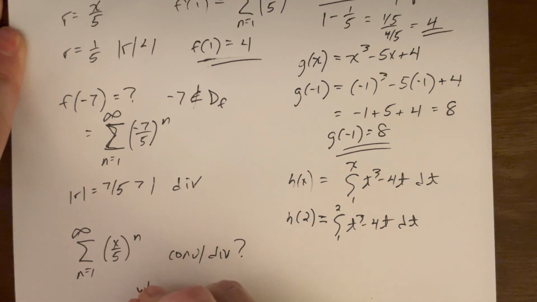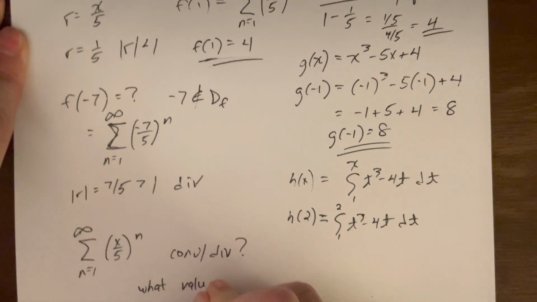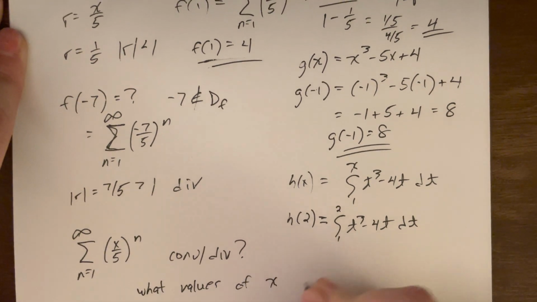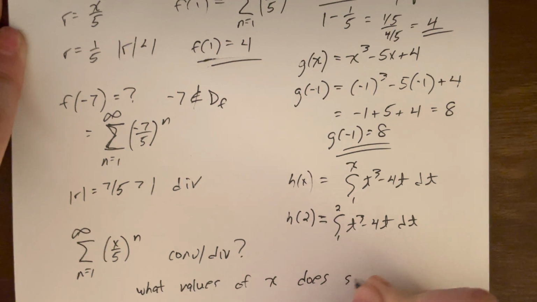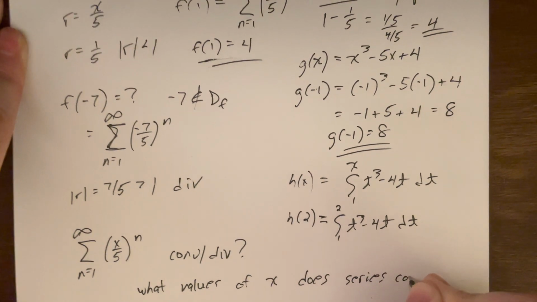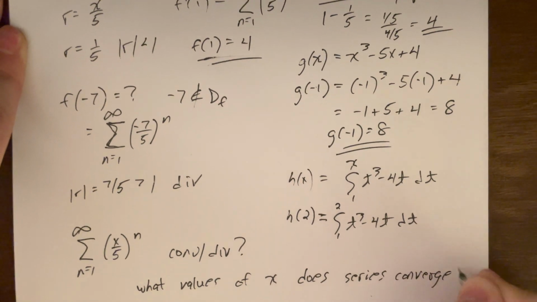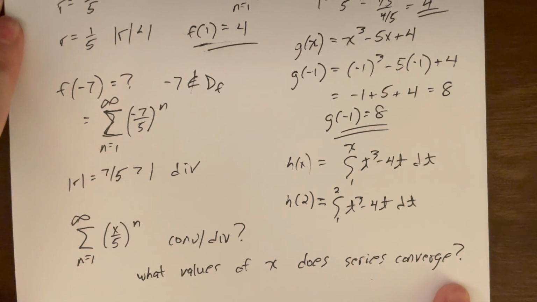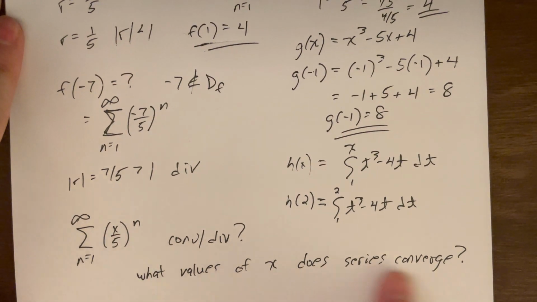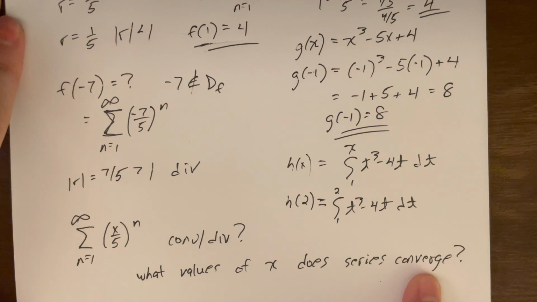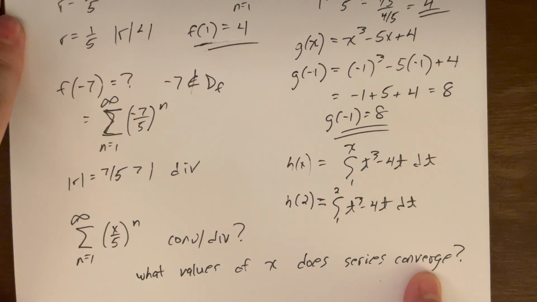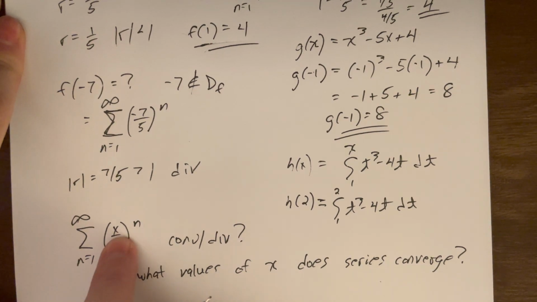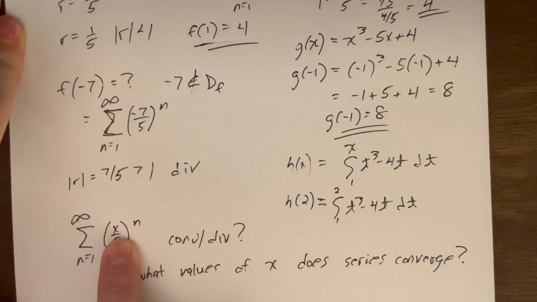The question is going to be, for what values of x does the series converge? And what I'm going to show you in just a moment, the answer is always at least something. You'll never get a power series like this with variable x, where the series completely diverges.